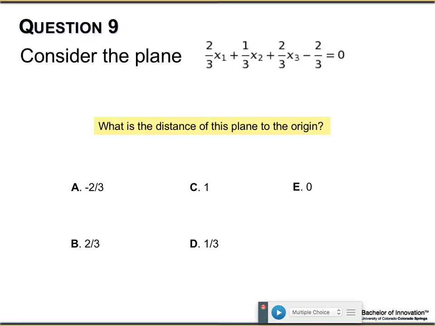Consider the plane given by this equation. What is the distance of this plane to the origin? How far away is this plane from the origin, at its closest point? You can chat with your neighbor.